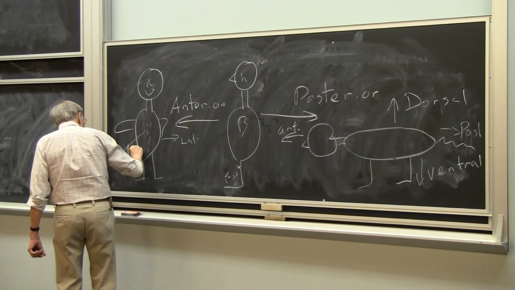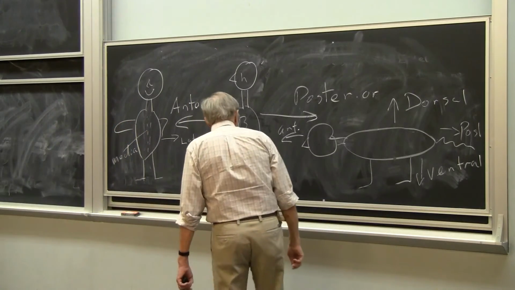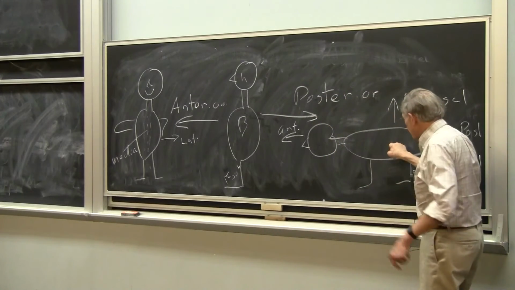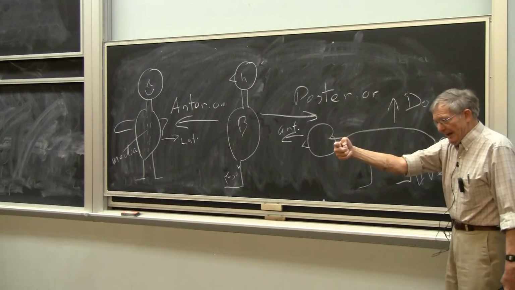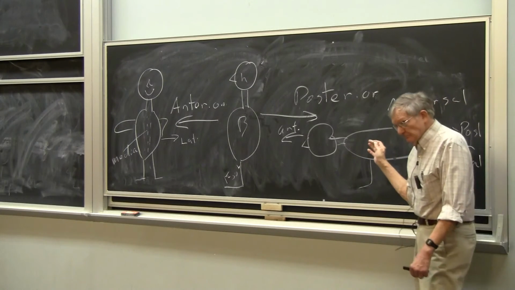Right. Okay, so in this case it really is pretty much the same. So things in this direction would be lateral, and things that are sort of along the midline are going to be medial. Okay.